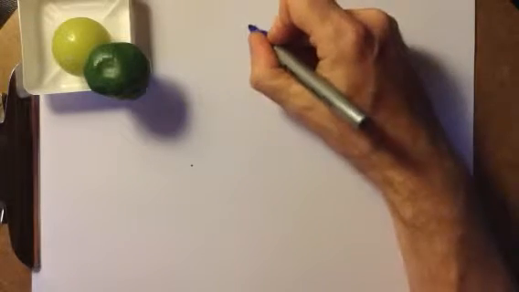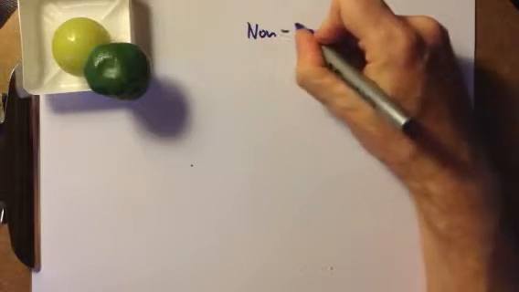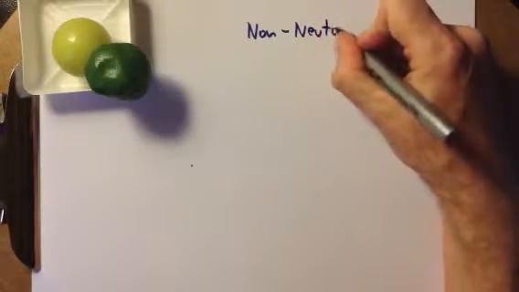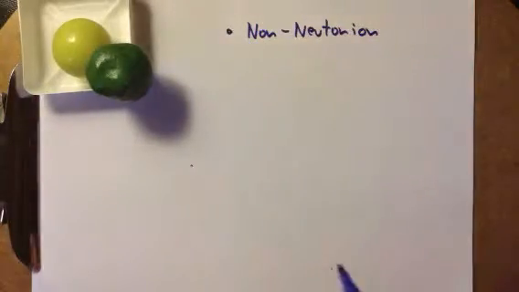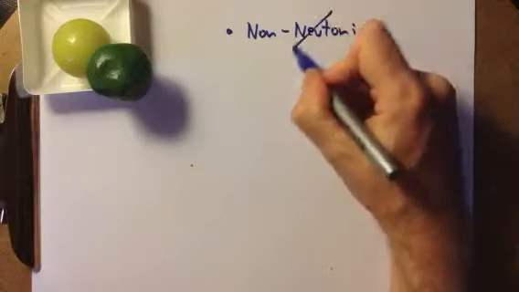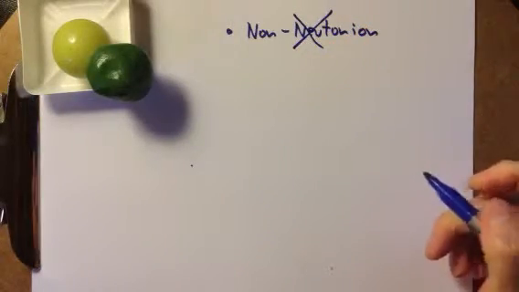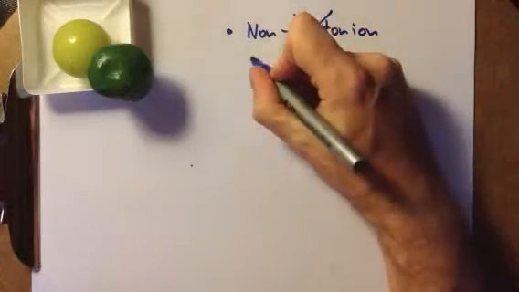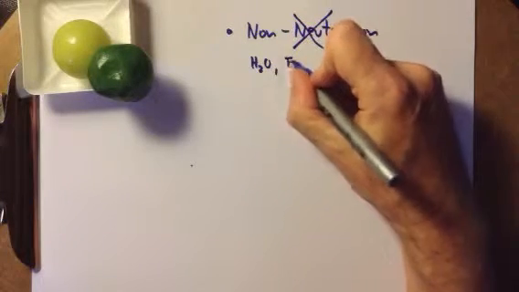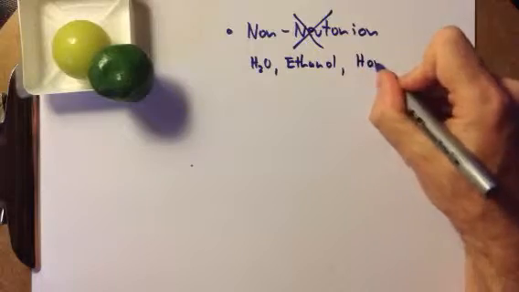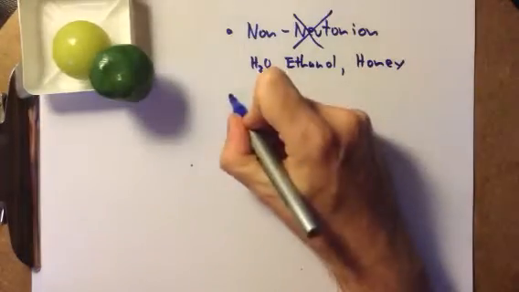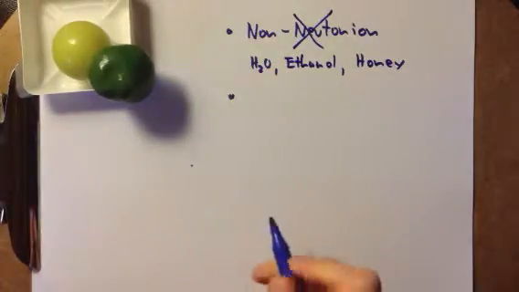And we call this a non-Newtonian fluid. That's what we don't want. We don't want non-Newtonian. We need Newtonian flow. We want things like water, ethanol, or even honey. That's one of the four N's.